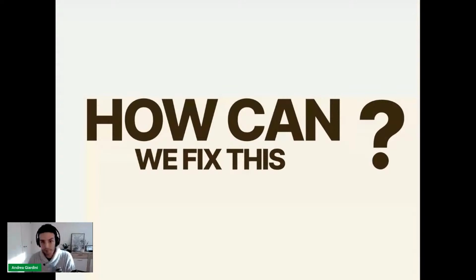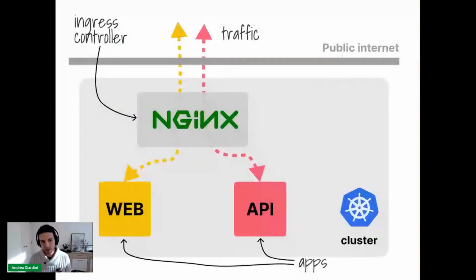Let's have a look. This is our current situation. A single NGINX Ingress Controller, 2 deployments, one for the web and one for the API, and the Ingress manifest that is routing both kinds of requests through the same Ingress controller. So the traffic from the API and the web server are both flowing through the NGINX Ingress controller.